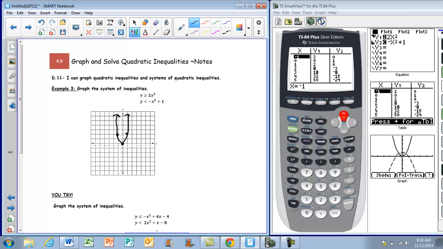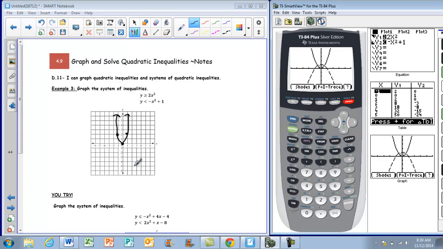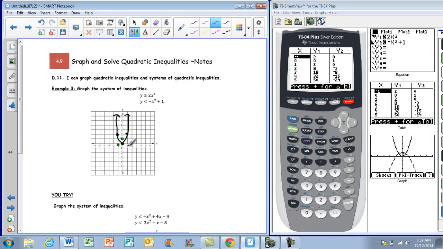Then if I look back at my graph, my other vertex is going to be at 1, 0 from here. Then if I go back to the table and pick a point on each side, so -1, 0, and 1, 0, this one's going to be dotted.